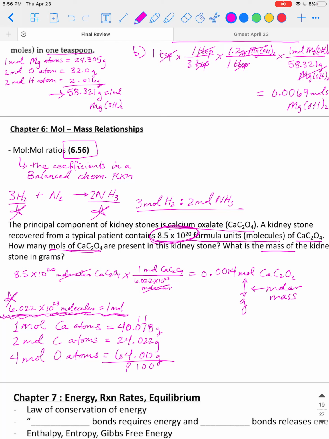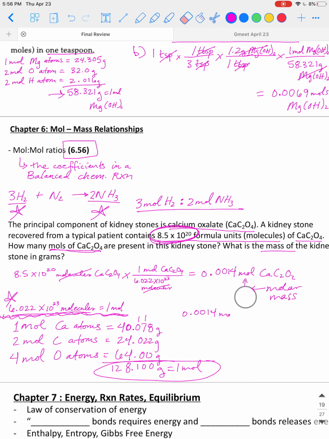I think we can do this one in our heads. 128.1 grams. That's what I got. Equals 1 mole. So that is the molar mass.